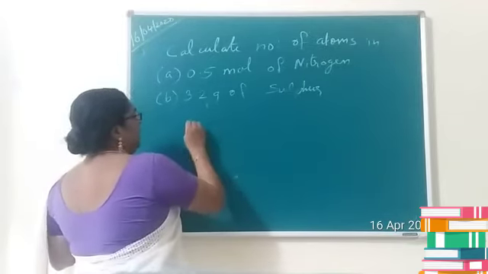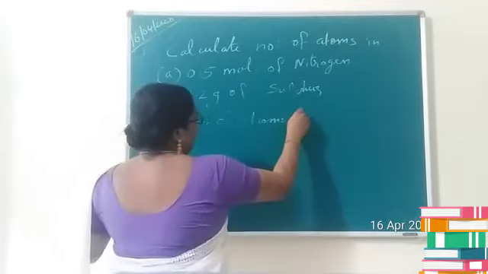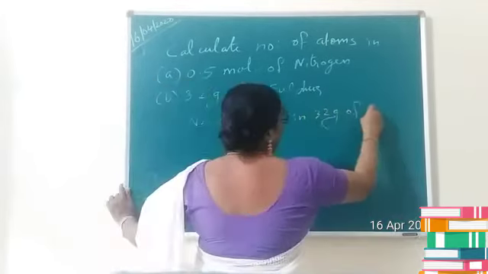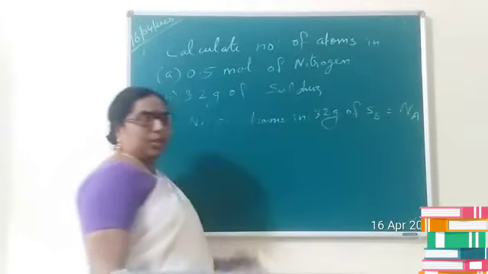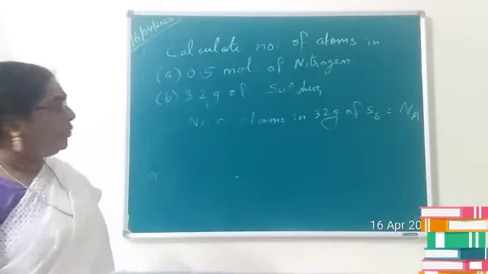That means number of atoms in 32 grams of sulfur is equal to Avogadro's constant, that is 6.022 into 10 to the power 23.